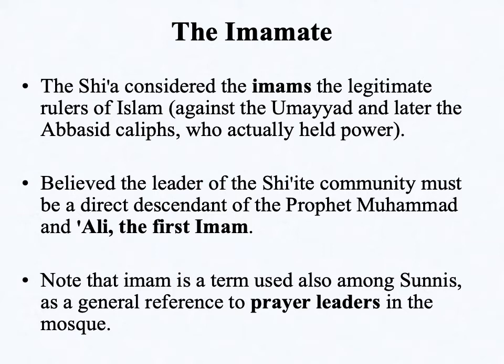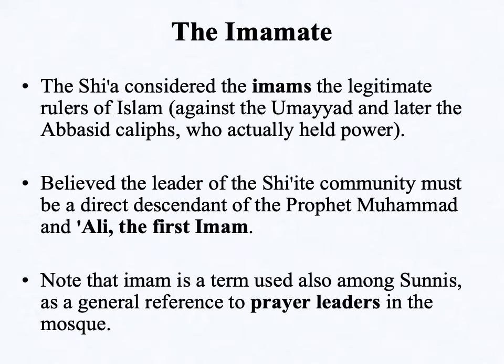And these are, again, the legitimate rulers of Islam, as opposed to the Umayyad and then later the Abbasid caliphs, the individuals who actually hold real power, which, by the way, brings us to another important point, that the imams never actually hold real power, or almost never, which makes it easier to believe that things would have been perfect if only the leadership had fallen to them.